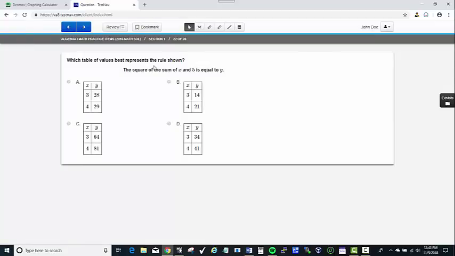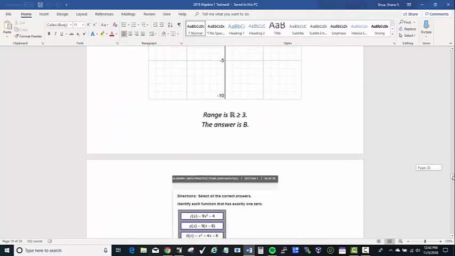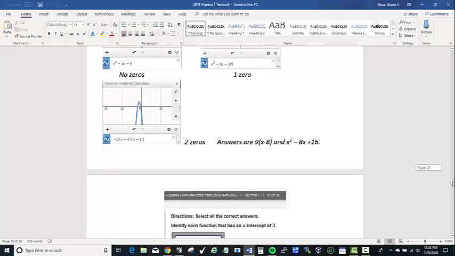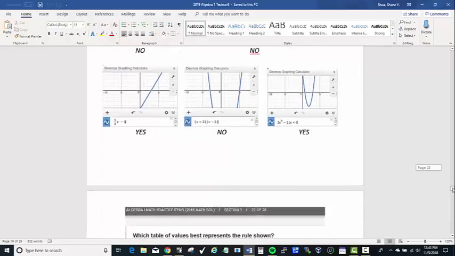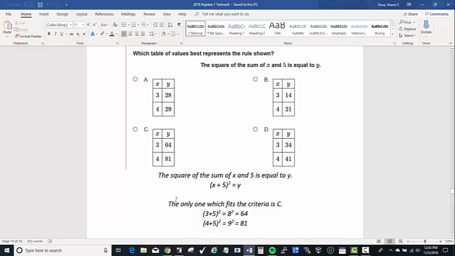So, which table of values represents the rule shown? The square of the sum of x and 5 is equal to y. I'm going to go back to my Word document here. Translating those English words into a mathematical equation, the square of the sum of x and 5 is equal to y.